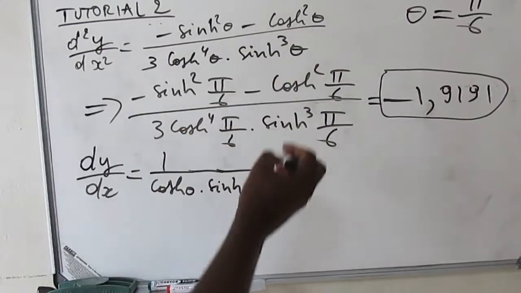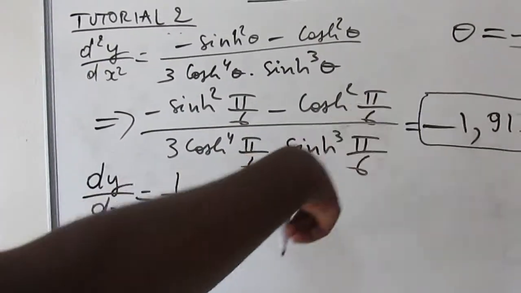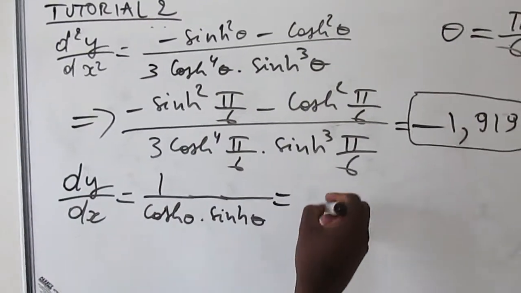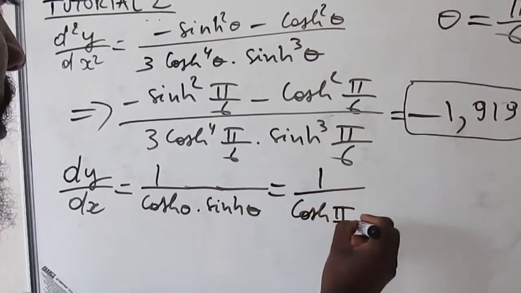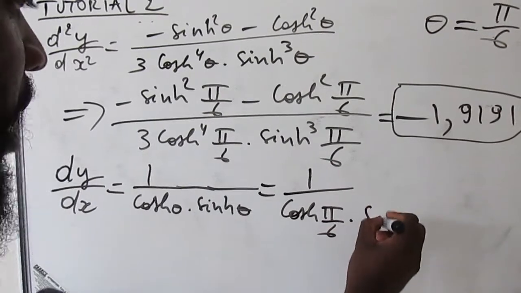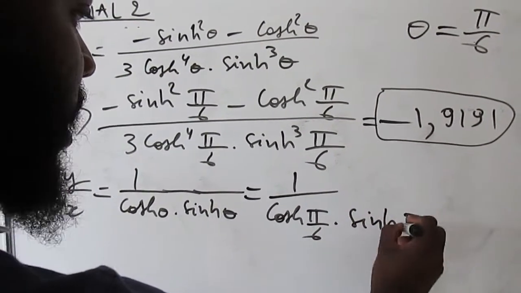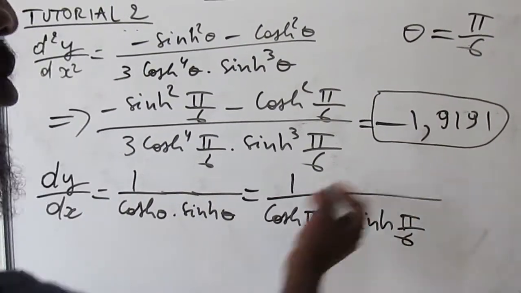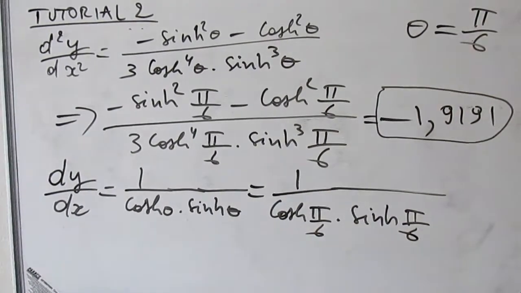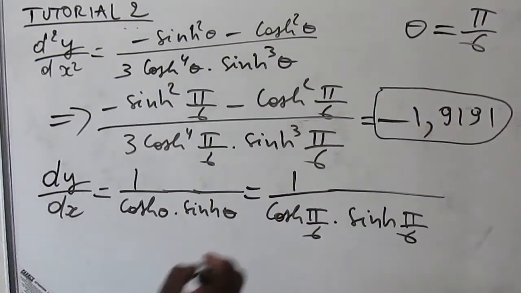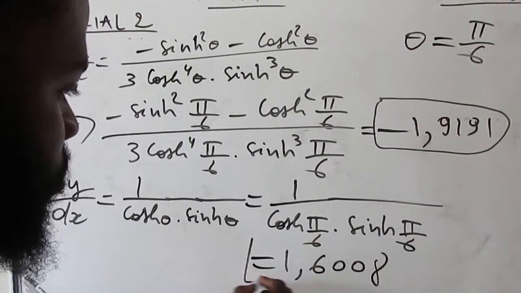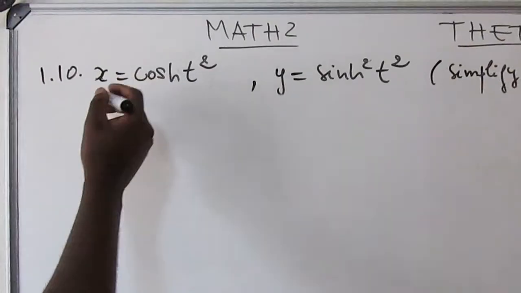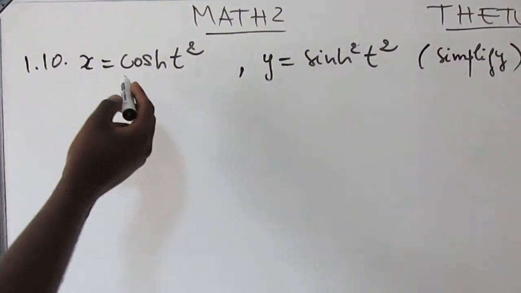Then we replace theta by pi over 6, which is going to be 1 over cos of pi over 6 multiplied by sinh of pi over 6. When you put this in your calculator, you are going to find 1.6008 as your answer.